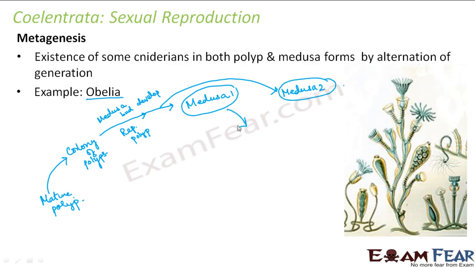Now this medusa 1 will give one type of gametes, medusa 2 will give different types of gametes. And then these two gametes will fuse together. So fusion will happen and a zygote will be formed.